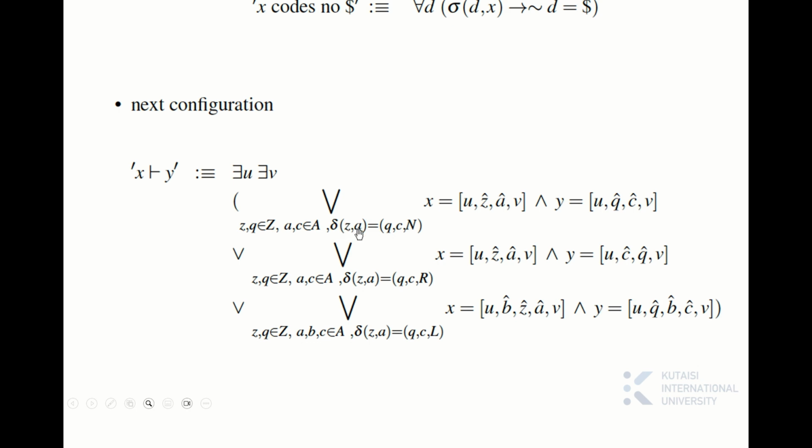So if delta Z A is equal to Q, it goes from state Z to state Q, overrides A with C and stays neutral. Then X can be U, Z, A, V.